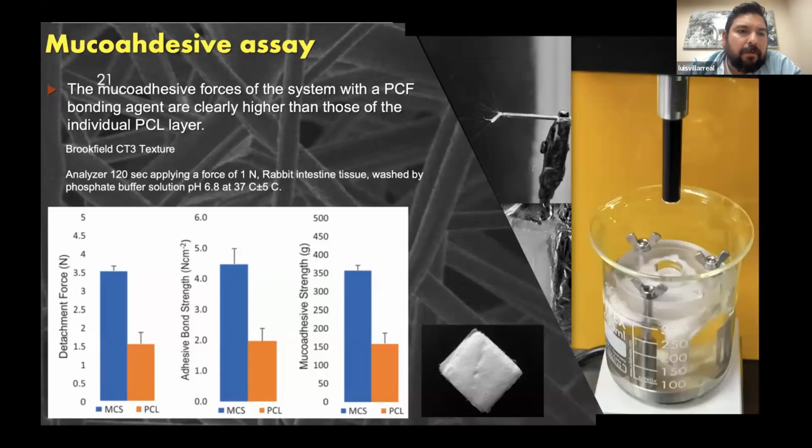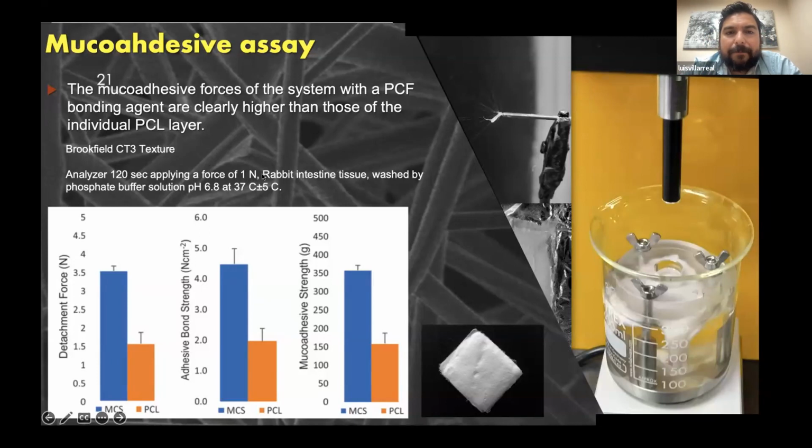We also performed a mucoadhesive assay using a Brookfield CT3 texture analyzer. For this, we put the sample in contact with rabbit intestine tissue for 120 seconds and applied a force of 1 Newton.